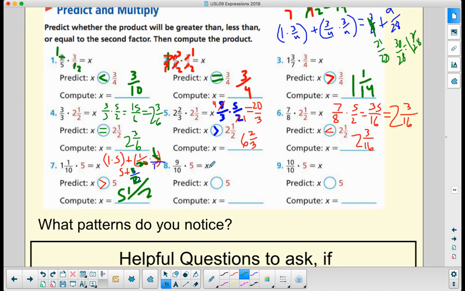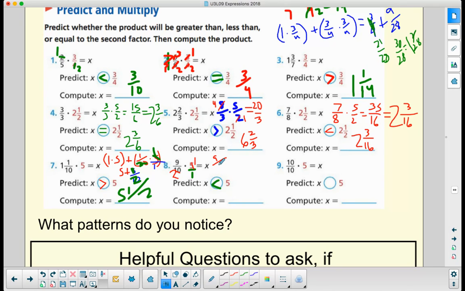9 tenths multiplied by 5 is going to be less than 5 because I have less than one whole group of 5. Change 5 into a fraction by putting it over 1. 9 and 1 only have 1 as a common factor, but 5 and 10 have 5. There are 2 5s in 10 and 1 5 in 5. 9 multiplied by 1 is 9.